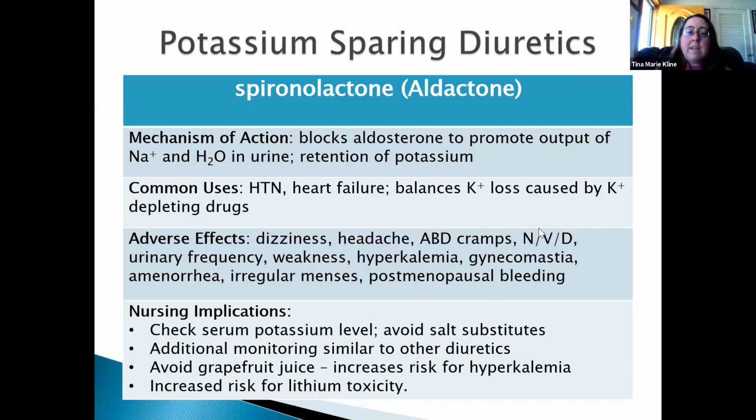Okay. Why do these diuretics cause hyperglycemia? Very good question. When they are working in the kidney, it basically causes the kidney to put out more fluid, more urine, sodium, and for your potassium depleting ones, it also puts out the potassium.